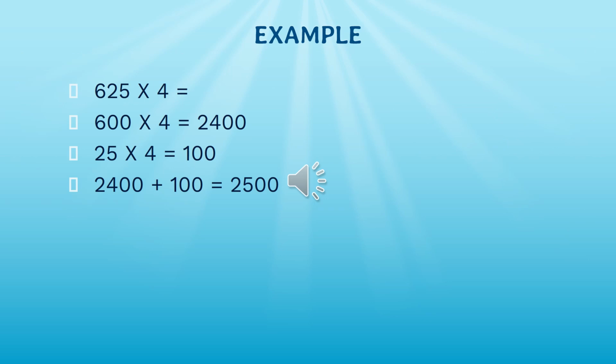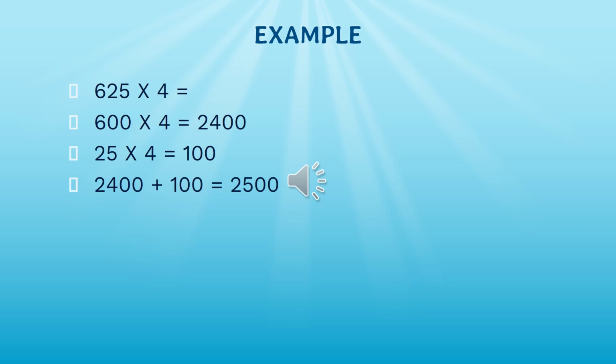Another example of a 3 by 1 multiplication, with a special relationship of the factors, is 625 times 4. Take note here, I did not break 25 into 20 and 5. Why? Because 25 and 4 have a special relationship, and you will find out in the steps below.